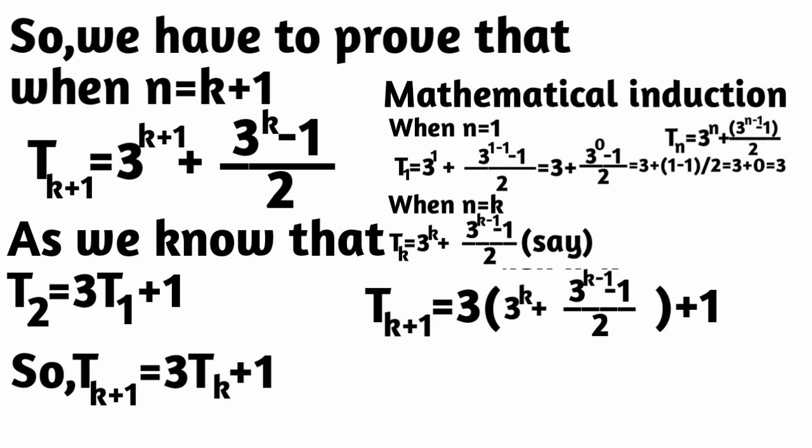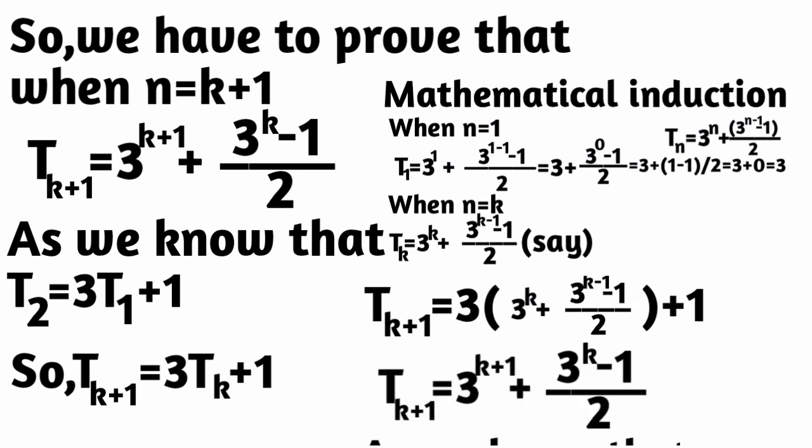By simplifying this, we get the value of Tk+1, which is nothing but 3^(k+1) + (3^k - 1)/2. Now we see that after simplifying this expression we get the same value as we discussed before. So we have proved the above nth term by using mathematical induction. Now it is confirmed that this formula is right.